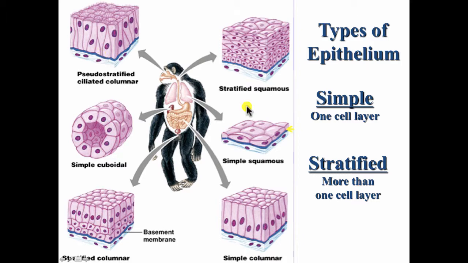And a type of epithelium that isn't shown here is the urinary epithelium, in the urinary system, also called transitional epithelium, and that is a stratified epithelium, and the shape of the topmost layer of cells changes from squamous when the bladder is full to cuboidal columnar when the bladder is relaxed.